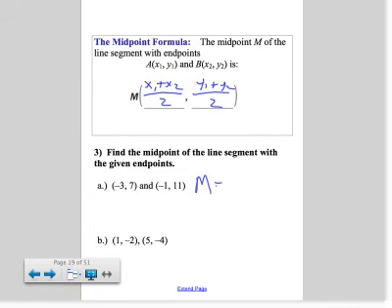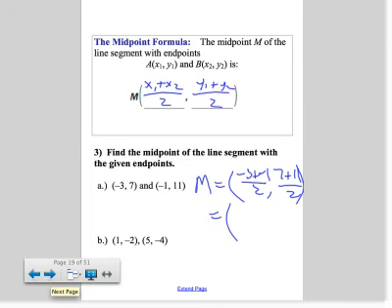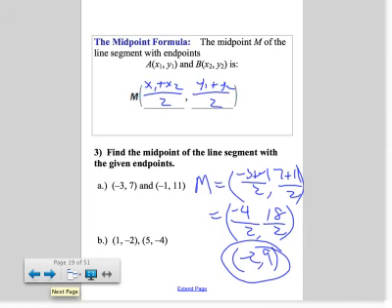So m equals average your x's, negative 3 plus negative 1 divided by 2, and then average your y's, 7 plus 11 divided by 2. And so the point I end up at here is negative 4 over 2, and then 7 plus 11 is 18 over 2, and I go one last step and simplify this as negative 2 comma 9 is my midpoint.